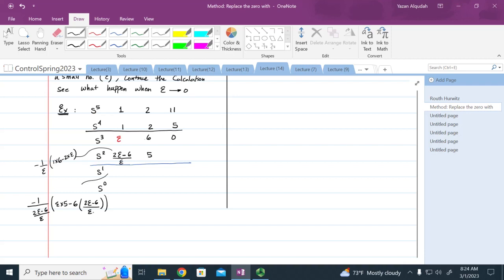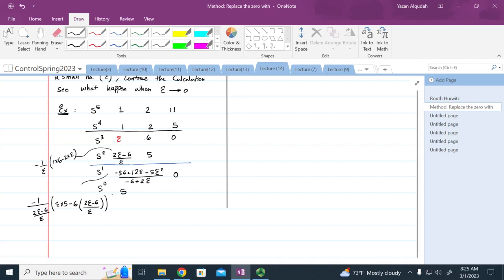Okay, so if we simplify this one, we're going to get negative 36 plus 12 epsilon minus 5 epsilon squared, divided by negative 6 plus 2 multiplied by epsilon. And then we have a 0 here, and then the 5 will come down here. Is that clear, everybody?